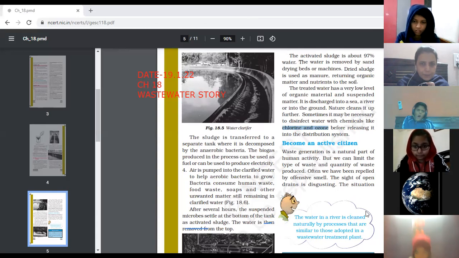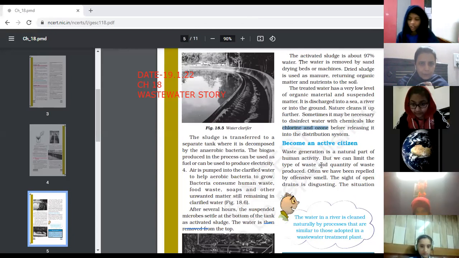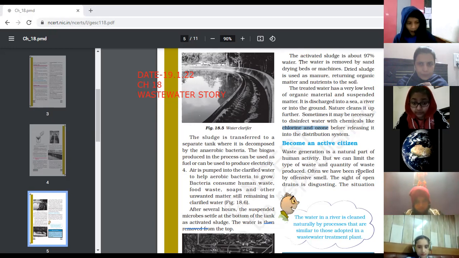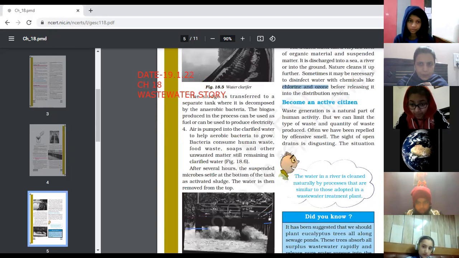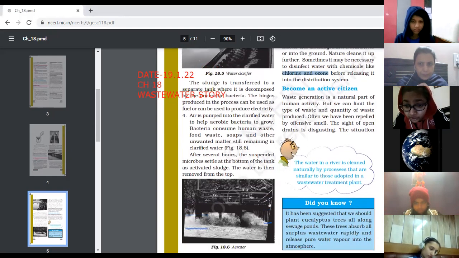Waste generation is a natural part of human activity, but we can limit the type and quantity of waste produced. Often we have been repelled by offensive smell. The sight of open drains is disgusting.